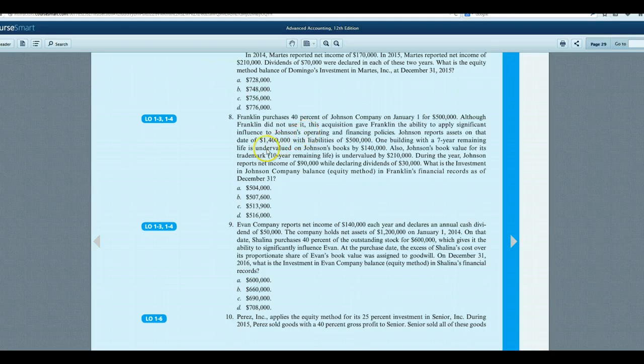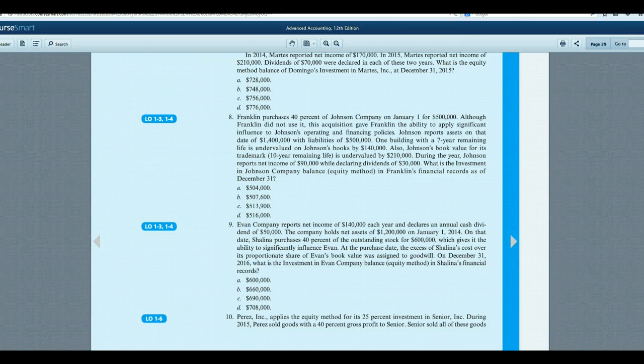We know that the assets were $1.4 million, liabilities of $500,000, which really makes the book value $900,000. The net assets are $900,000. It tells us there's a building that's undervalued by $140,000, and we have a trademark that's undervalued by $210,000. We have to take into account the income and the dividends paid out.